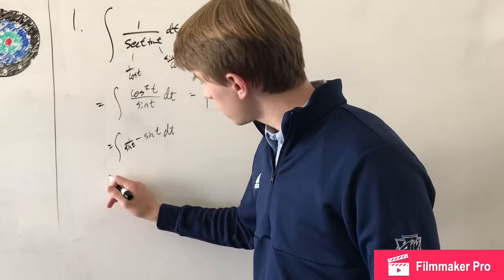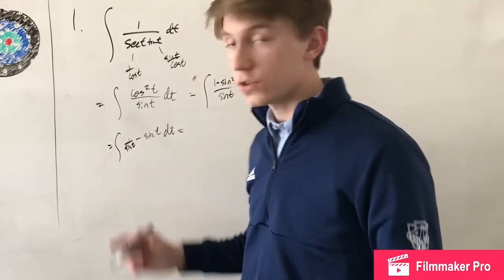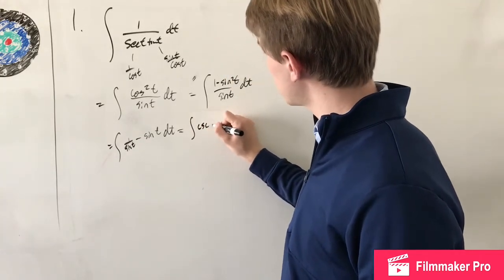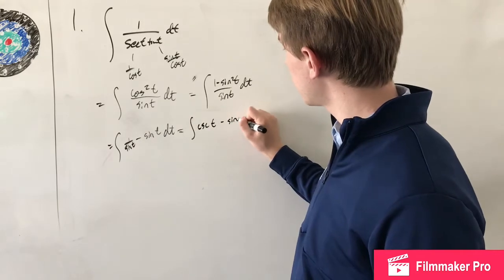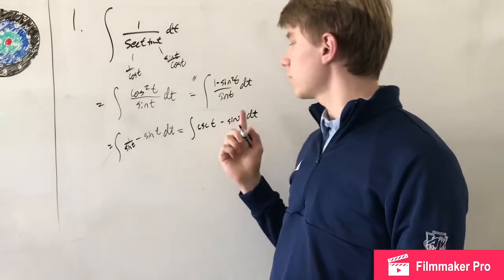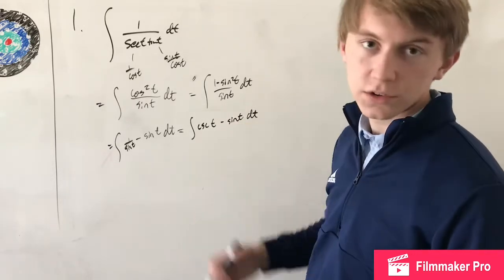Then that is the same as cosecant, so I'll rewrite that: cosecant t minus sine t dt. So we know that the integral of sine t is going to be negative cosine, so this will become positive cosine because the negatives cancel out.